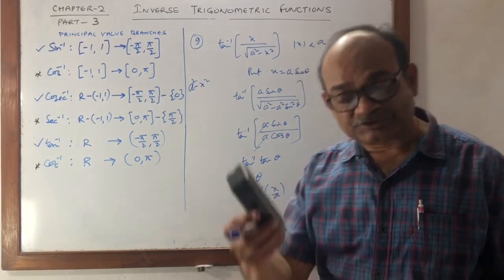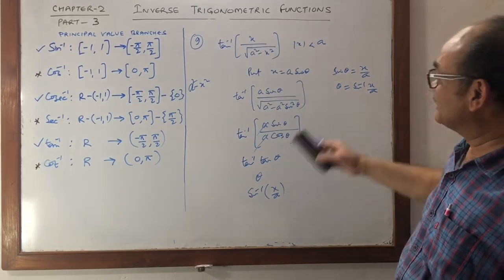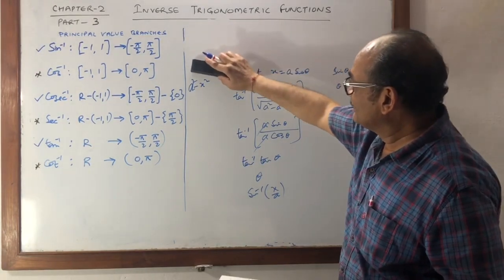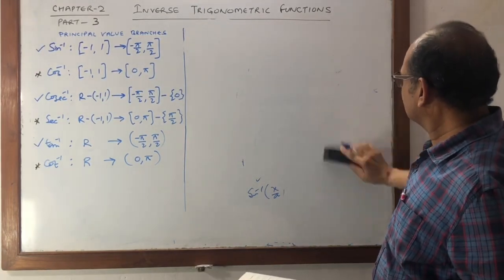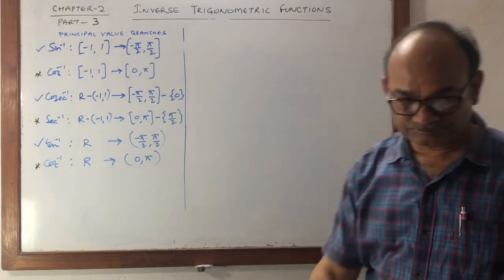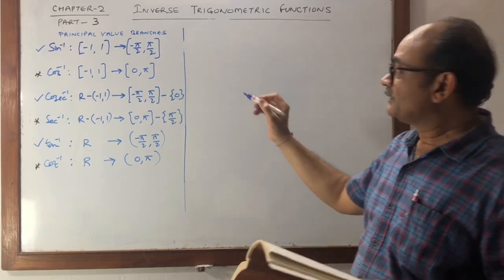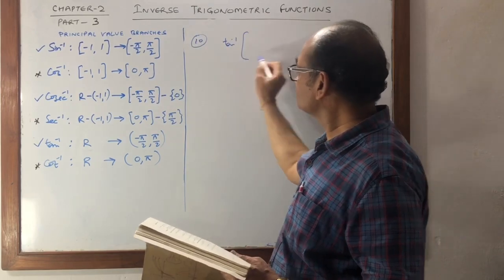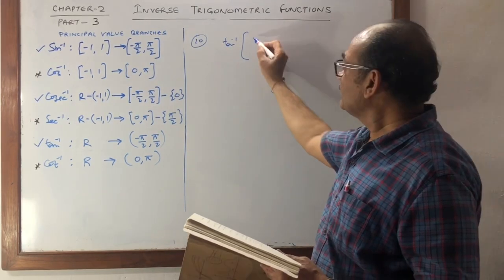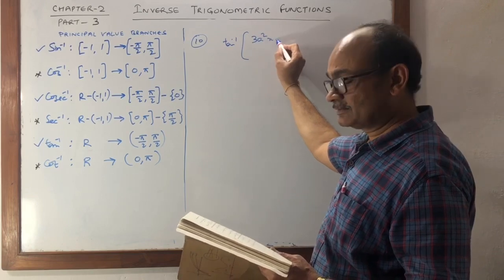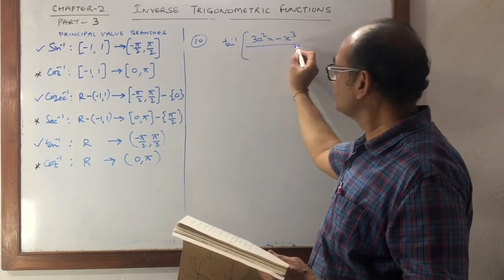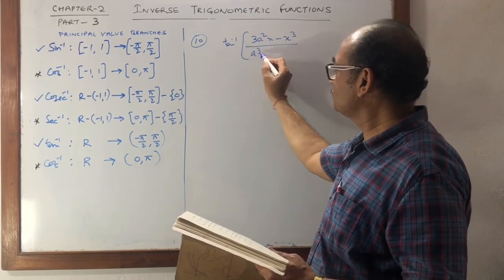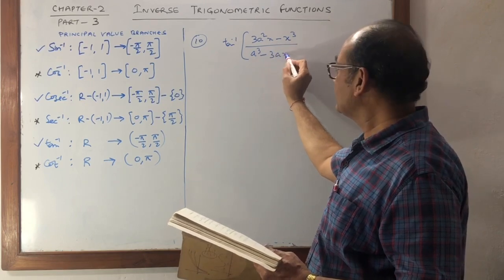And the question of the day, question of this part 3. Tan inverse of 3a square x minus x cube divided by a cube minus 3a x square.